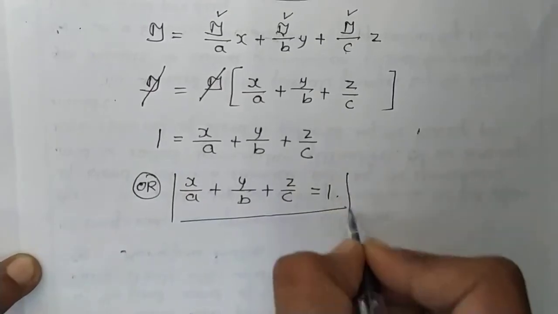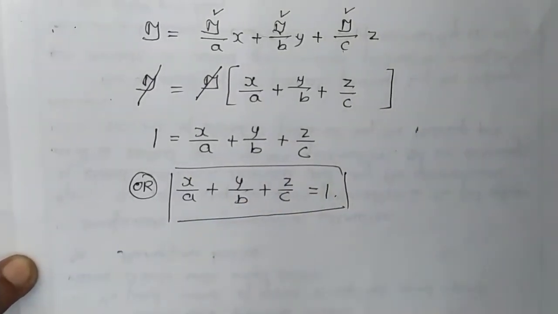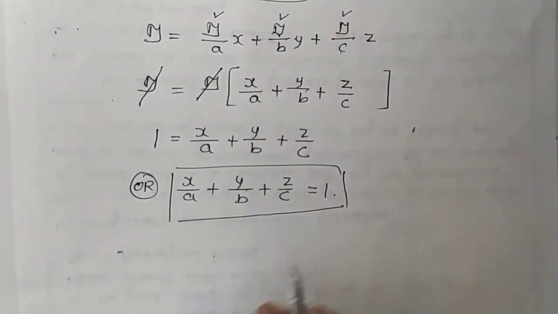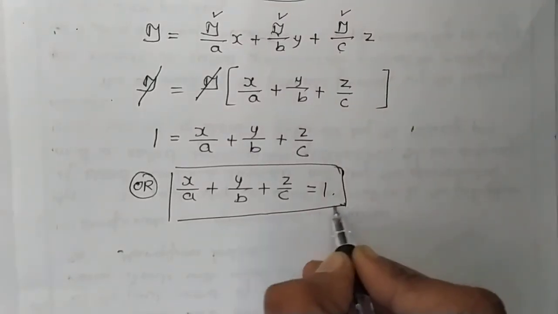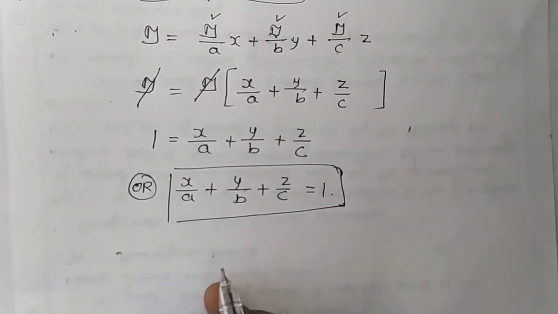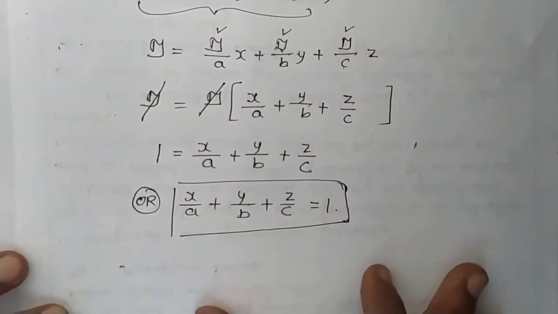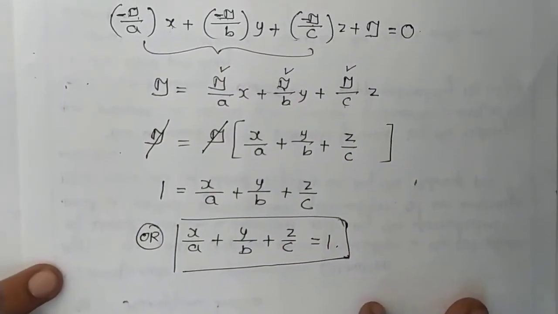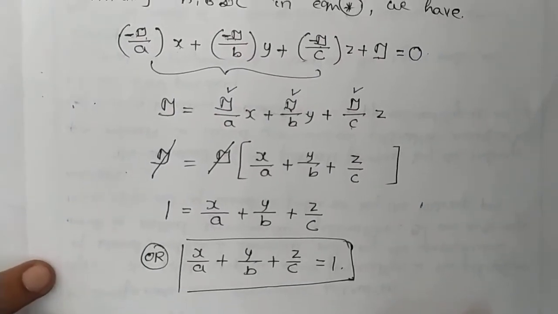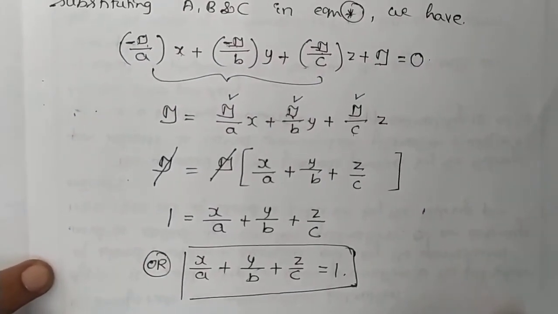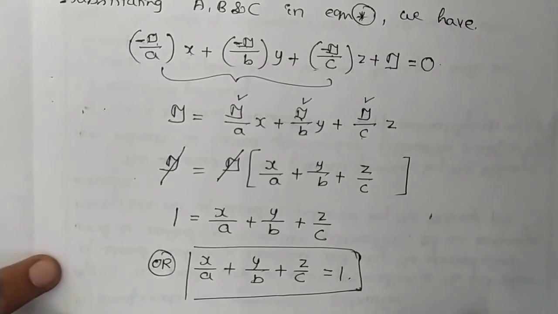Hence, it is the intercept form of the equation of a plane. Hence, this is the derivation of the intercept form of the equation of a plane. I already told you that this derivation is not that important for your examination, but whatever you have to learn.